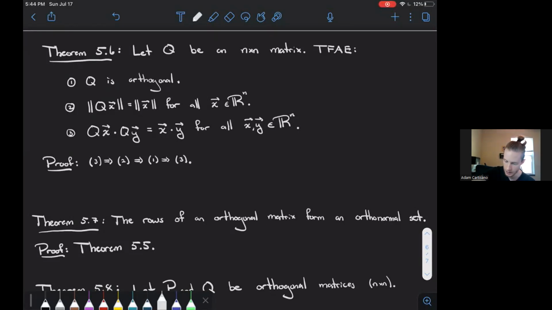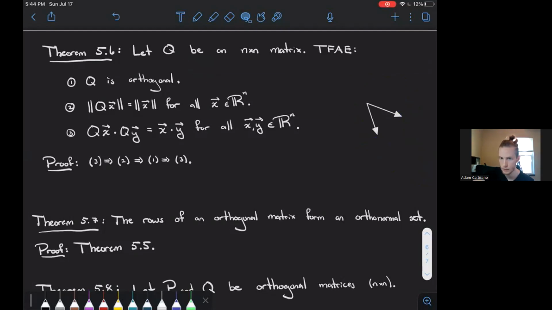It looks like this. If here's X and here's Y, and you want to do their dot product. Anyway, basically, by doing a rotation or maybe potentially a reflection, hopefully that was convincing.